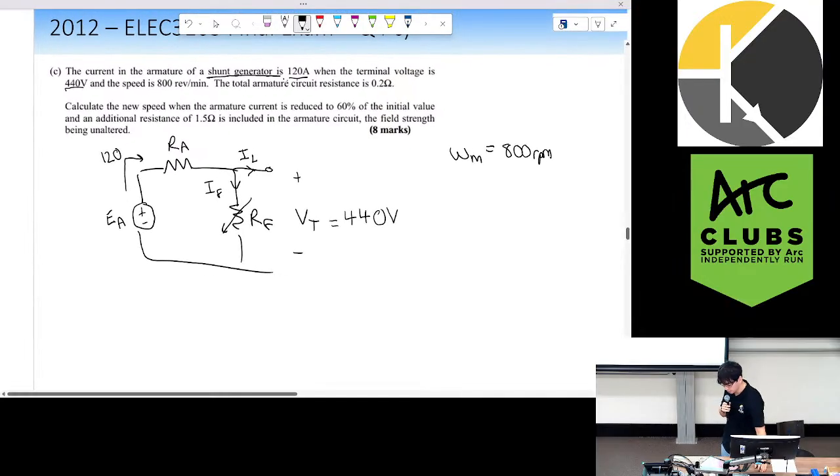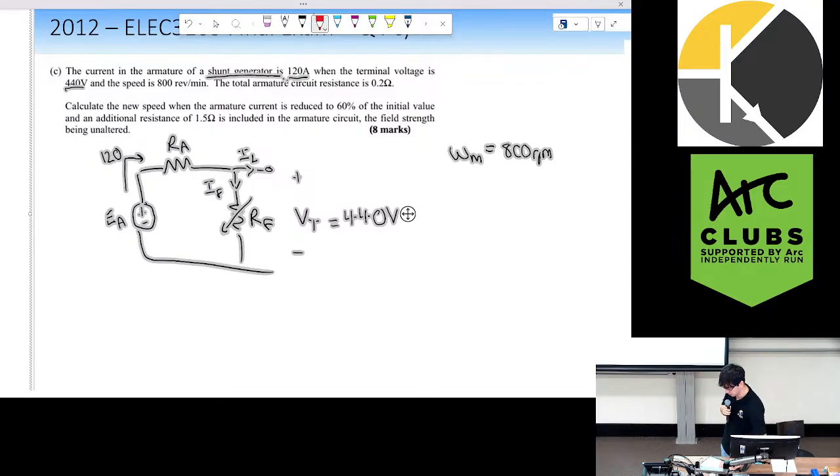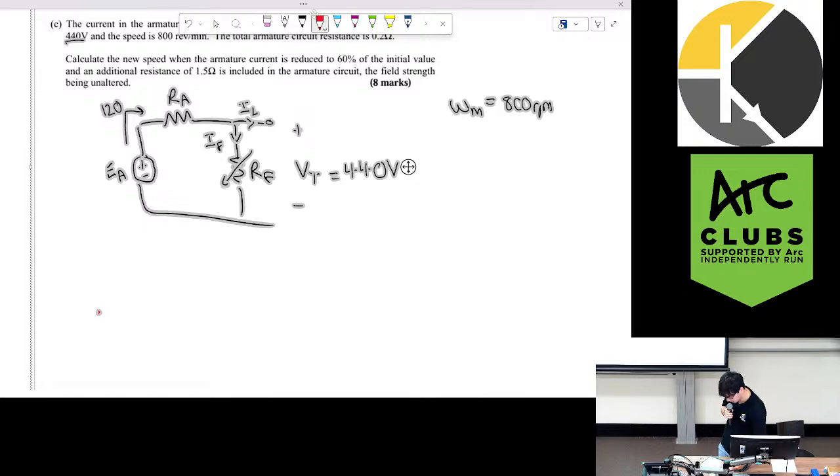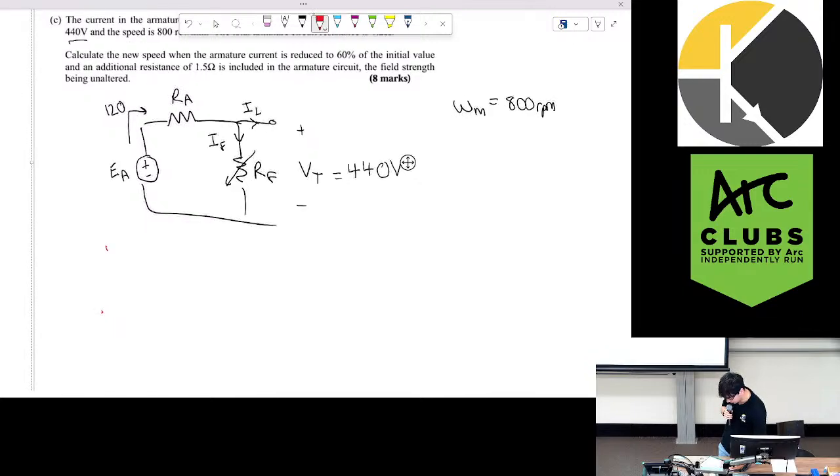Somehow I need to use an equation that we've covered to first look at how an EMF generates a speed, and then we're going to look at how that change in EMF will create a change in speed. The equation I'm going to use to describe this is our trusty E = K_E phi omega_m.